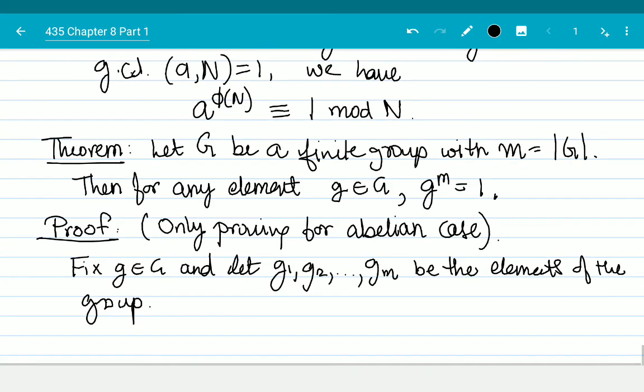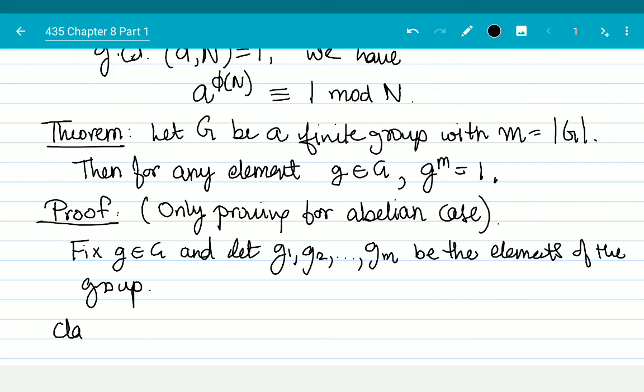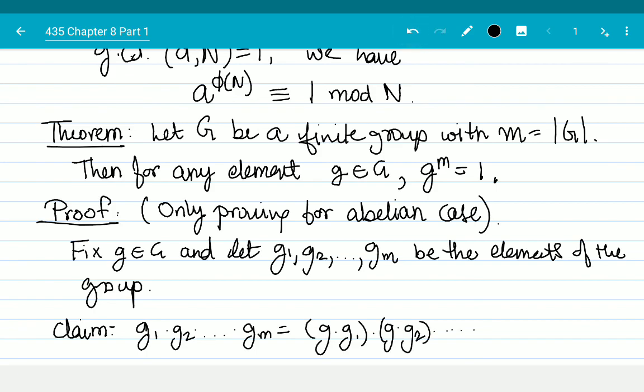Claim: g1 times g2 times all the way up to gm is equal to g times g1 times g times g2 times dot dot dot g times gm.